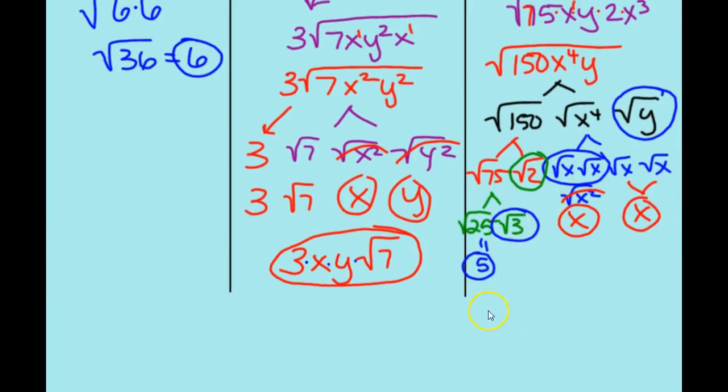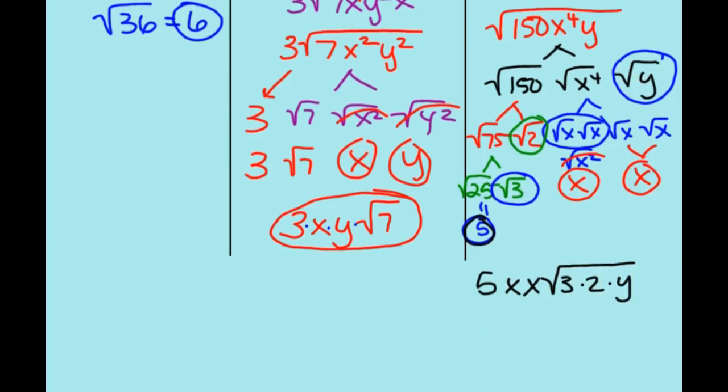We have a 5 out front. We're just dealing with just our letters and numbers that are all by themselves, 5. And we have an x and another x. Then under the square root, we have a 3, a 2, and a y. So the only thing I can do is simplify my x's here.